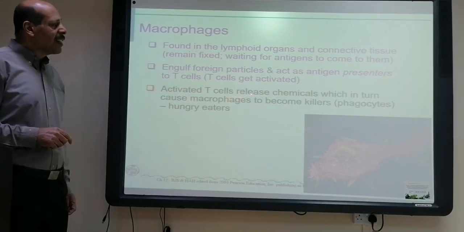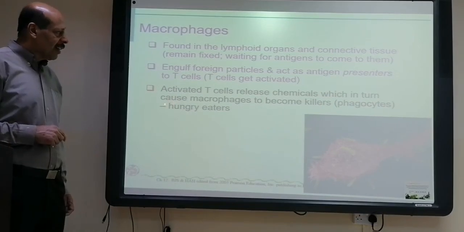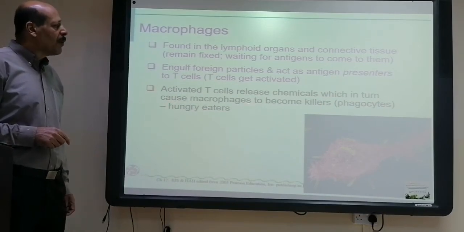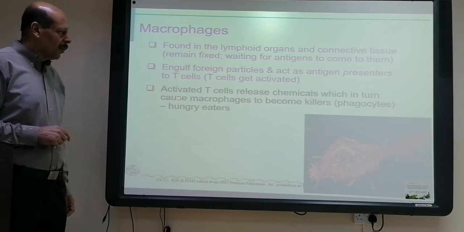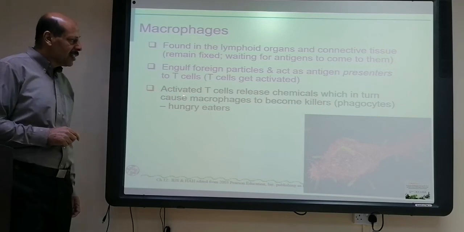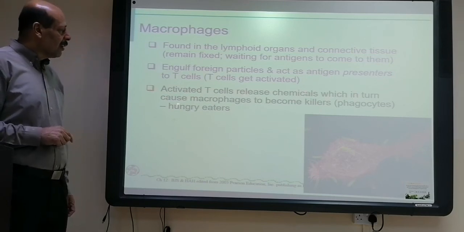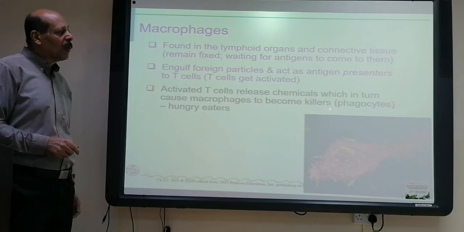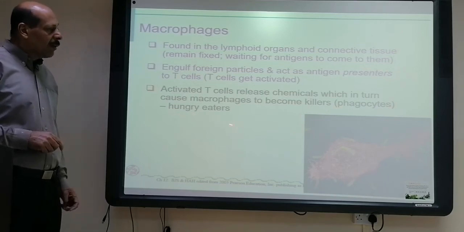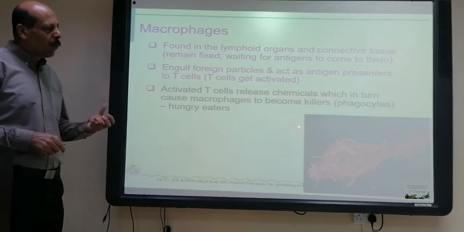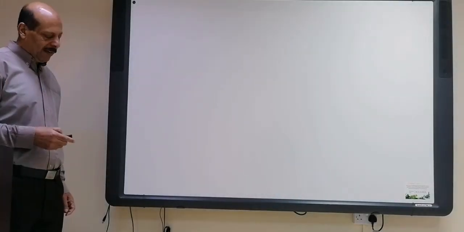The activated T cell releases a chemical, which in turn causes the macrophage to become a killer, a phagocyte, meaning it becomes hungry to eat and engulf bacteria.